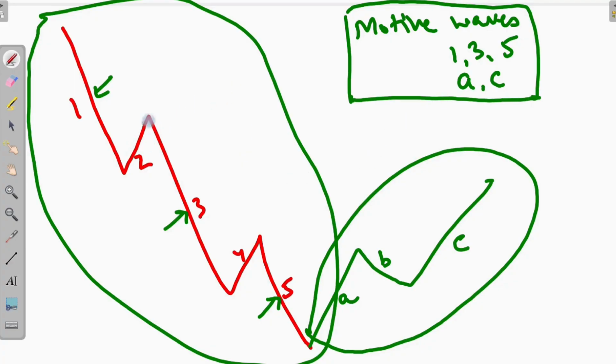And on the other side, wave 2 and wave 4 are all in the counter trend, on the upside in this downward trend and on the downside in this upward trend. So waves 2, 4 and B are corrective waves. Is it clear?